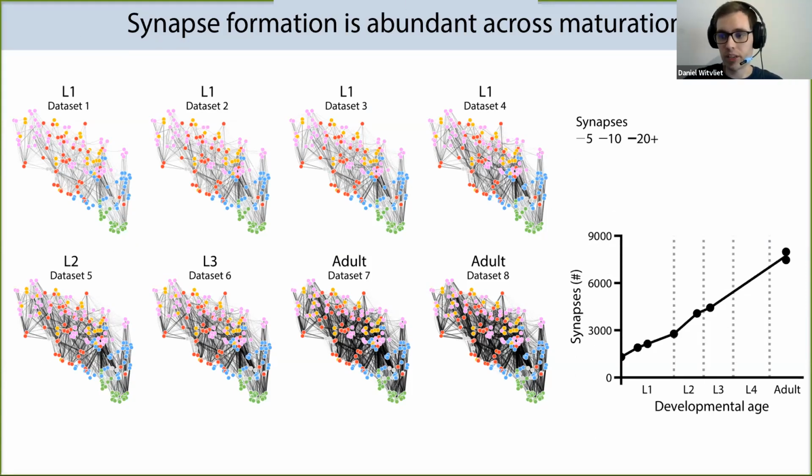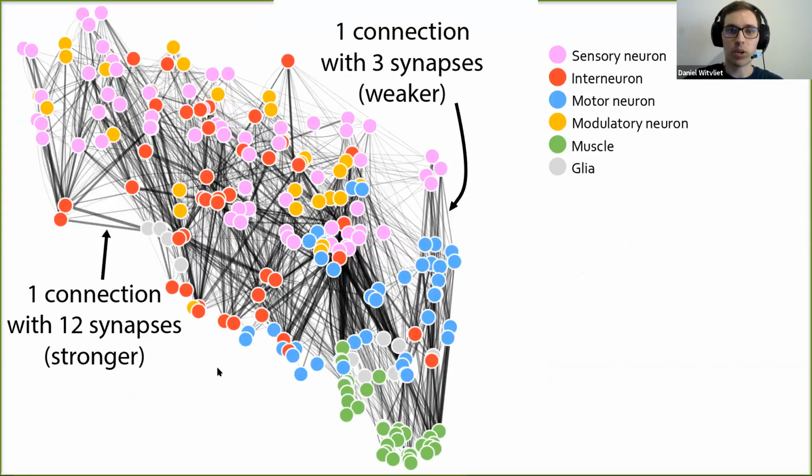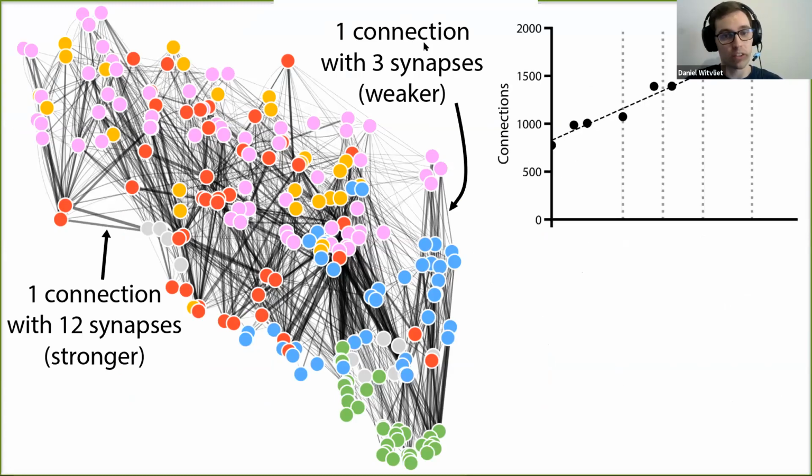So if we look closer at one of these connectomes, make it bigger, we can more clearly see each cell and connections between cells. And here we define a connection as being all the synapses between 2 cells. So some connections consist of more synapses than others and are therefore stronger. So the addition of synapses during maturation creates many new connections, meaning that synapses are added between cells that were not connected before.